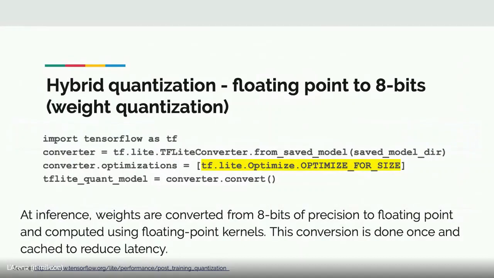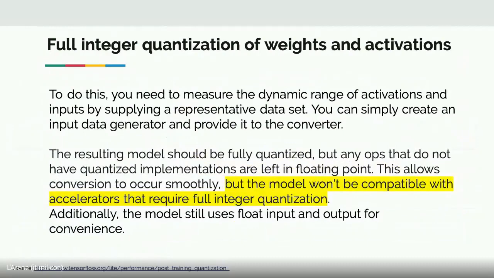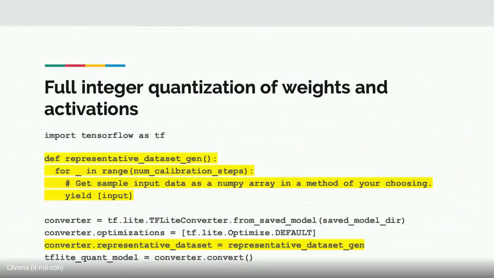And just to give you an idea how you quantize things, you don't have to memorize that, you'll find examples. But you remember that you say where the model is and you convert it, and before converting it, you can give some optimization options, and say I want to optimize for size, and TensorFlow does everything for you, okay? Or you can say, I want to convert completely, like I want to use integer 8, so you can define a representative data set.